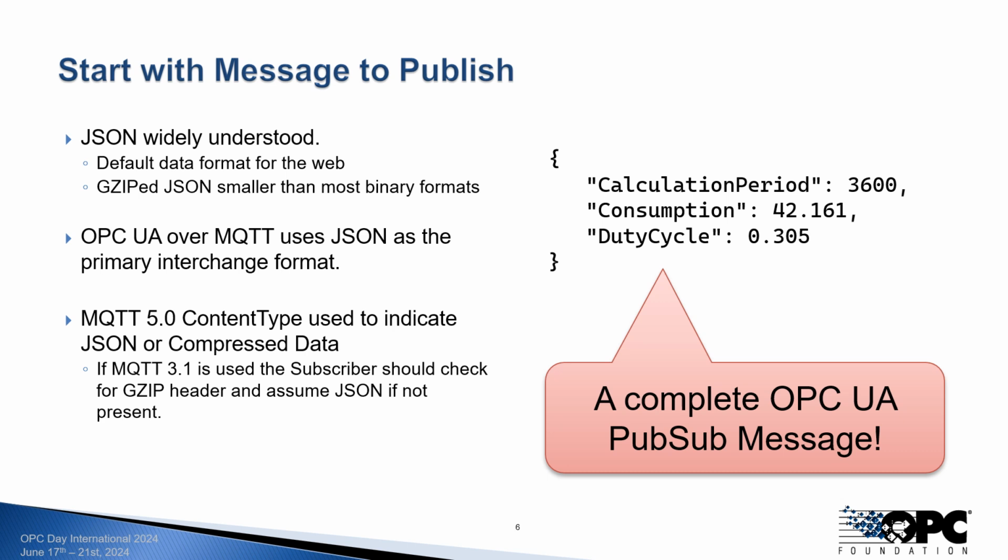If you're using MQTT 3.1 to publish, the subscriber can still check the data payload for the gzip header and assume JSON if it's not present. So you've got this very basic message format that's built entirely on well-established and well-used web-based data formats.